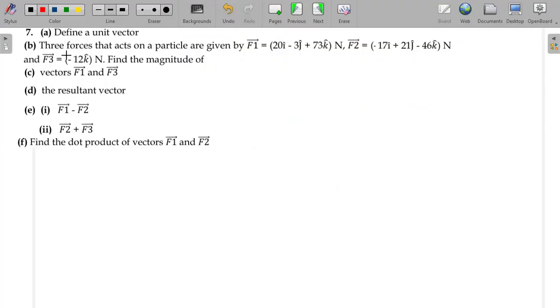In B, they're saying three forces that act on a particle are given by force 1, force 2, and force 3. Before we solve any questions, I need to tell you about the vector notation. For example, if I have my vector A equals 5i minus 2j plus 3k, I can write this vector in another way.